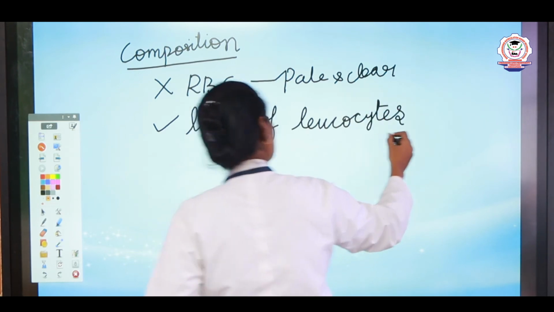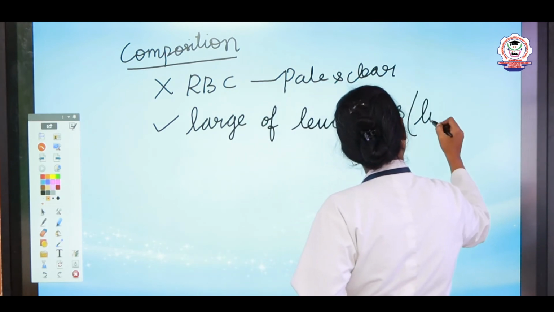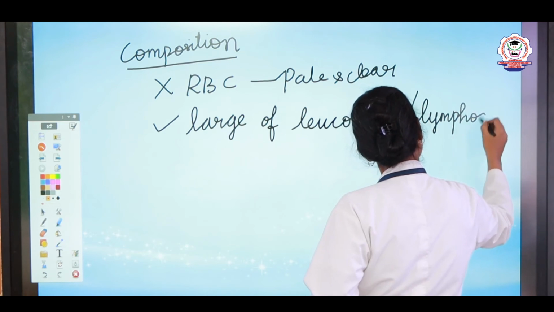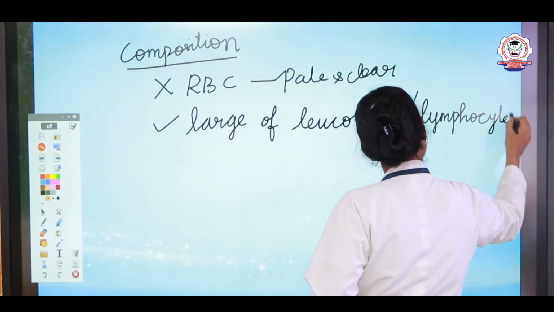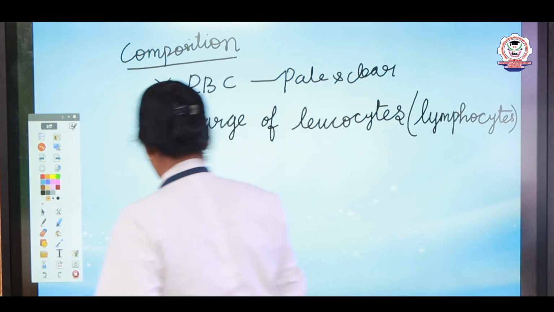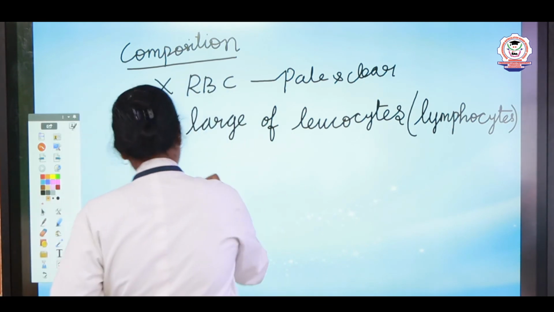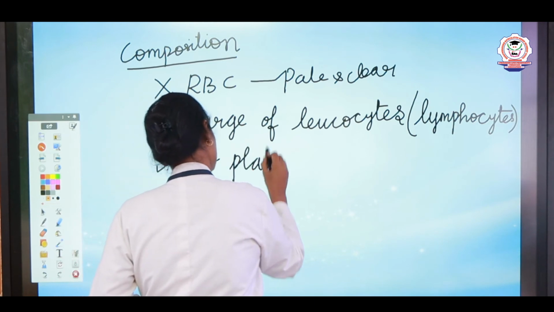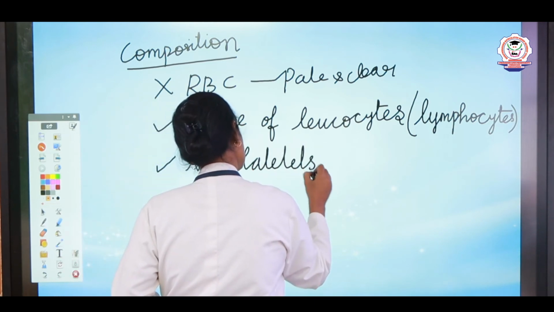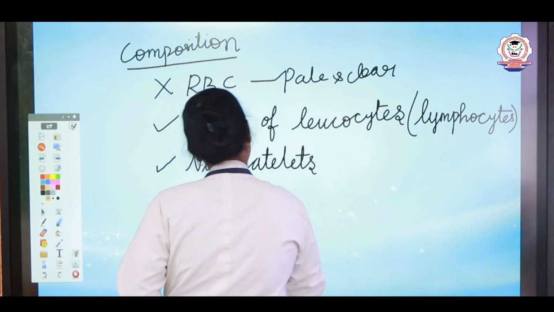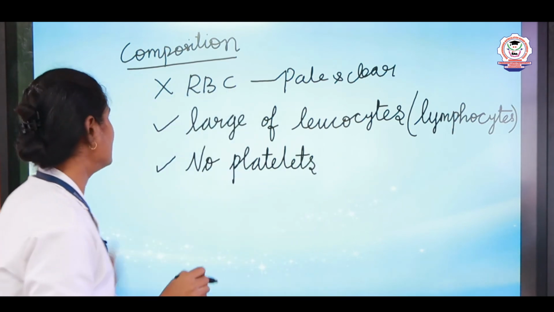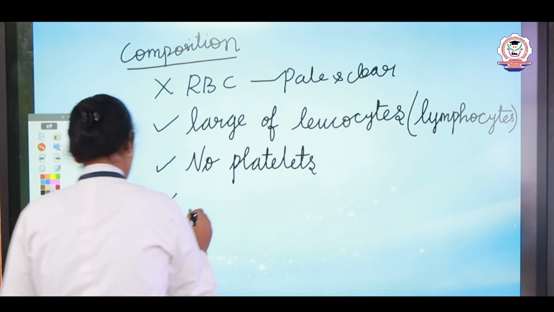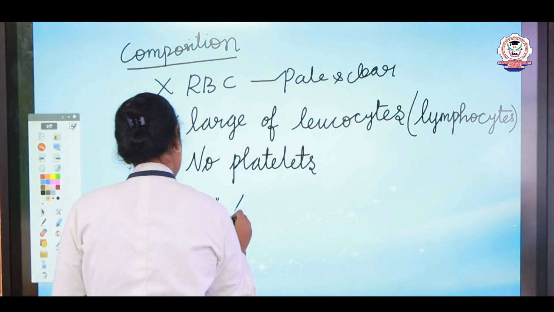Leukocytes are nothing but mostly lymphocytes, right, and here no platelets are present. No platelets are present in the lymph, okay, and it is nearly 94% water.